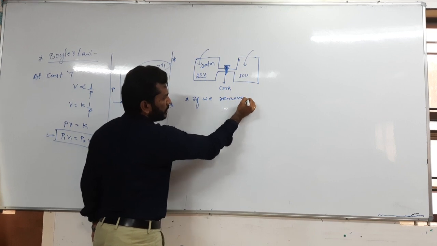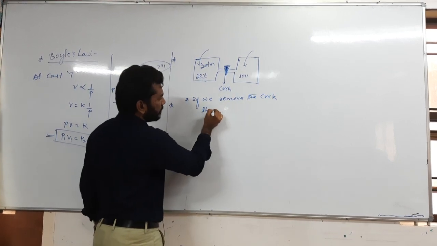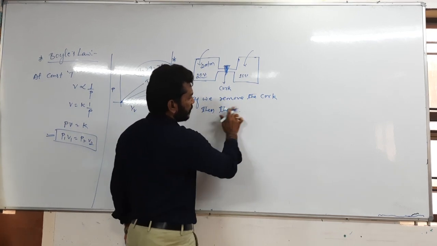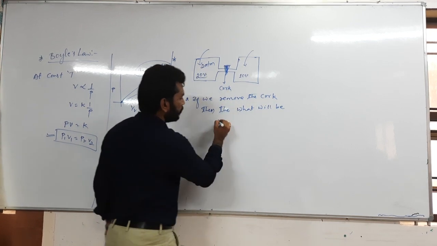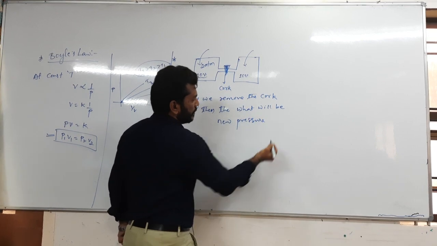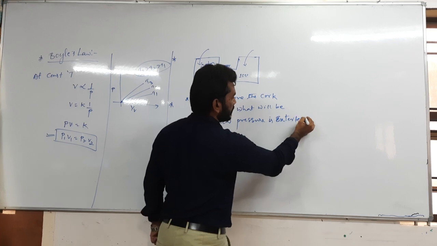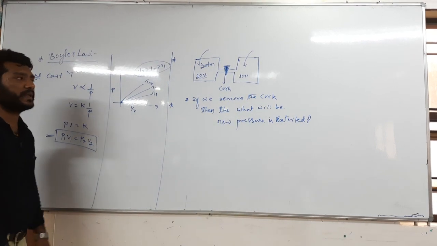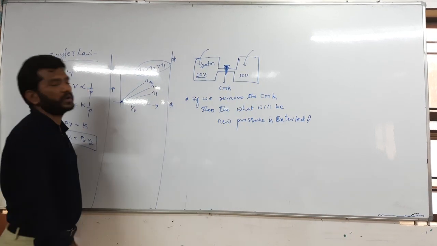If we remove the cork, then a new pressure is established. So what will the new pressure exerted be? We have to calculate that: the pressure of the gas when we remove the cork.